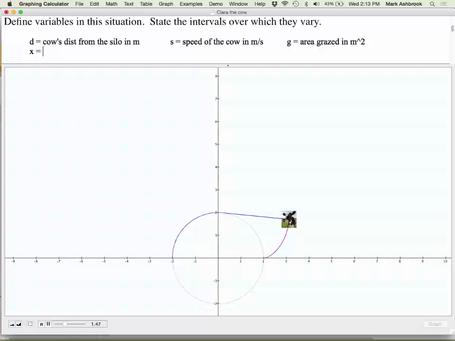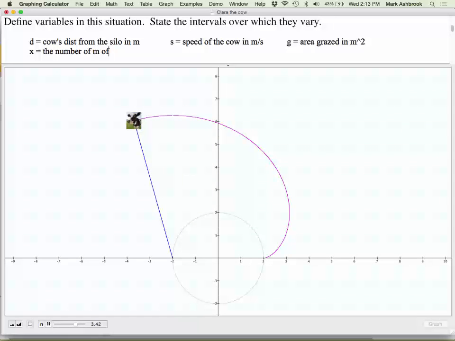How about the number of meters of rope not wrapped on the silo? Did anybody have that one?